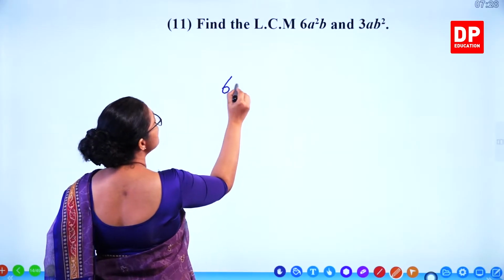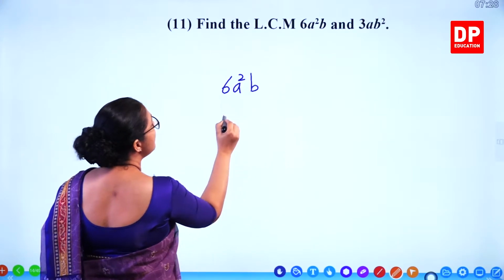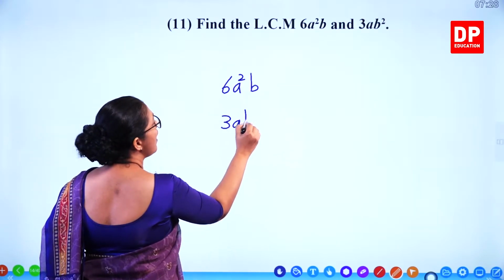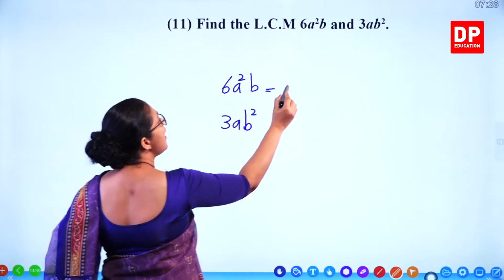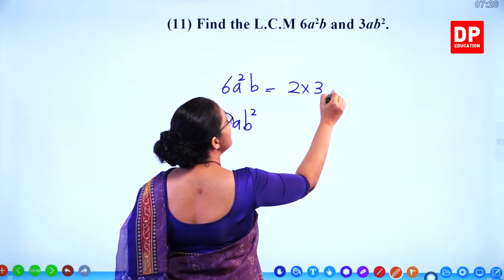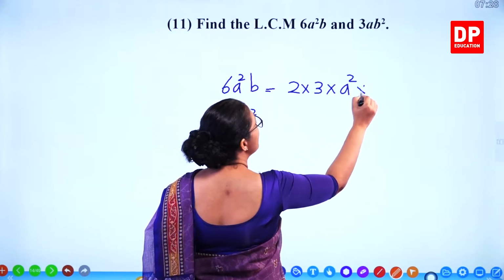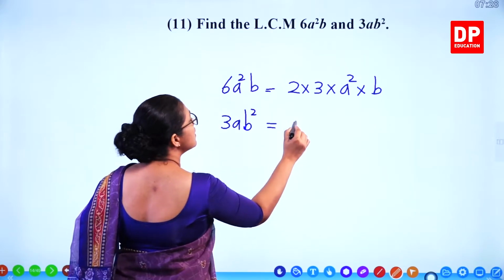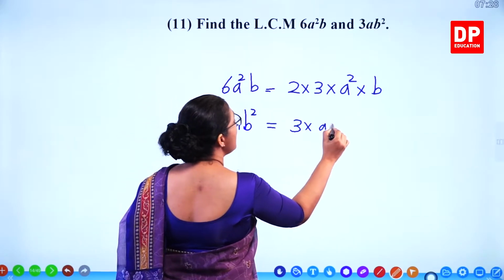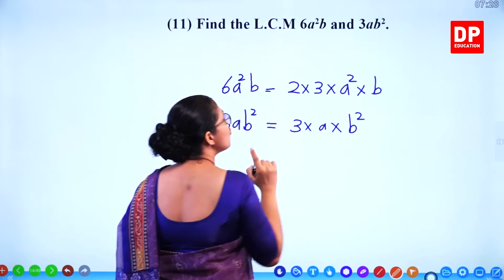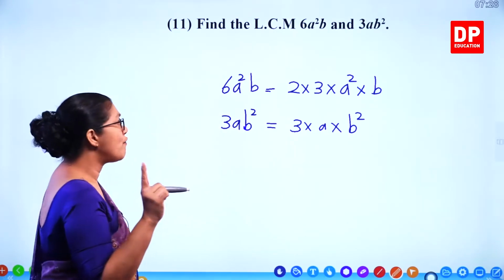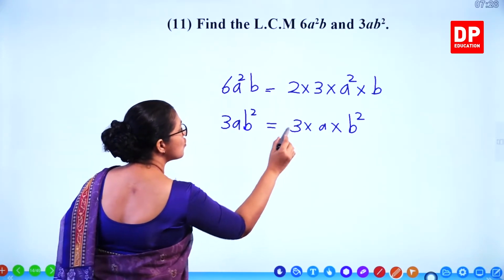Question number 11. Lowest common multiple of 6a squared b and 3ab squared. So 6 you can write as 2 times 3, a squared and b. What about this one? 3ab squared. So normally we take the highest power of all distinct terms. So 2 and 3.